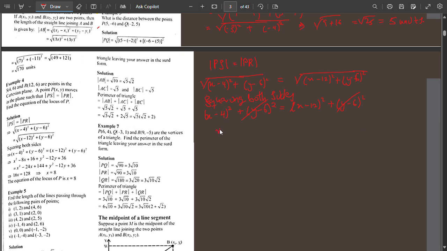And then we can continue with, when we expand, there is x squared, the x squared here.